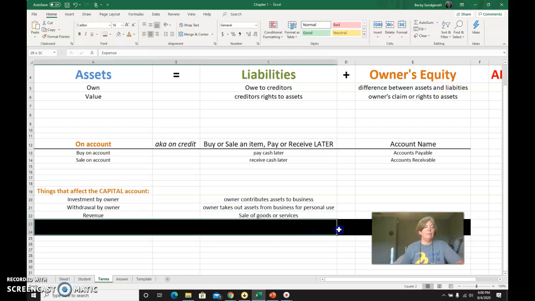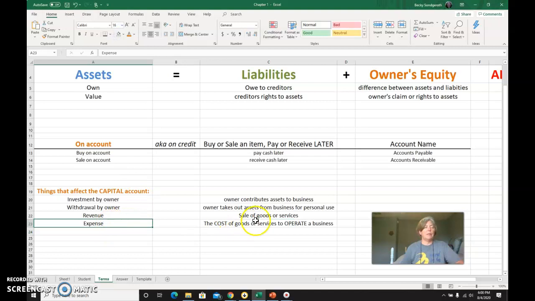And then we have the last one, which is expense. And this one's tricky for people initially too. So that is the cost of goods or services to operate the business.